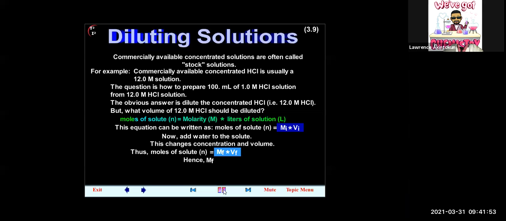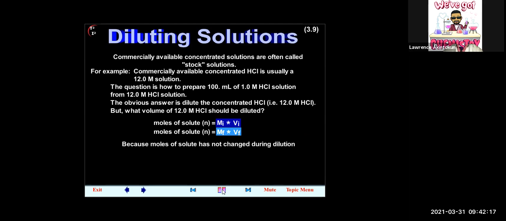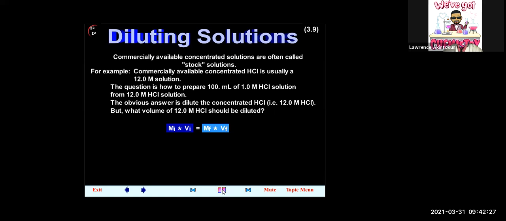Hence, Mf equals final molarity and Vf equals final volume. Because moles of solute has not changed during dilution, Mi times Vi equals Mf times Vf.